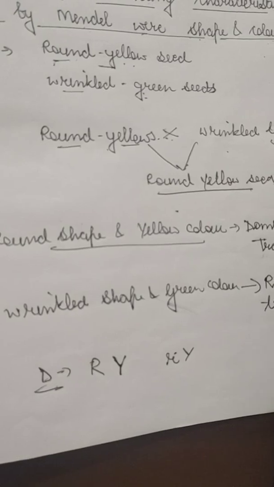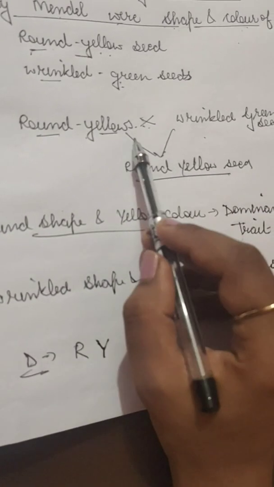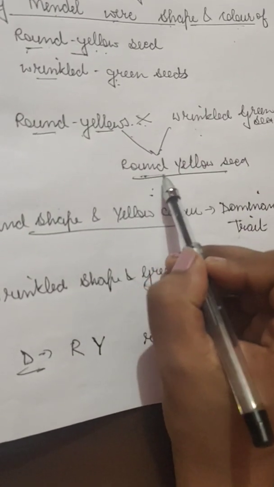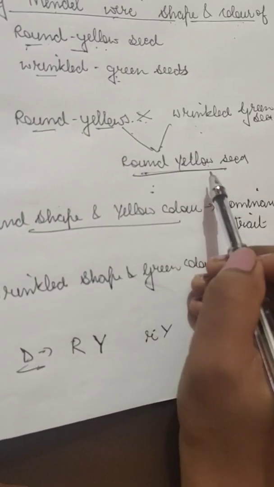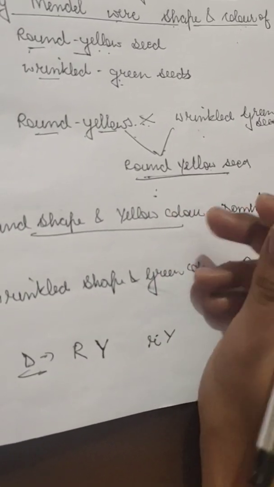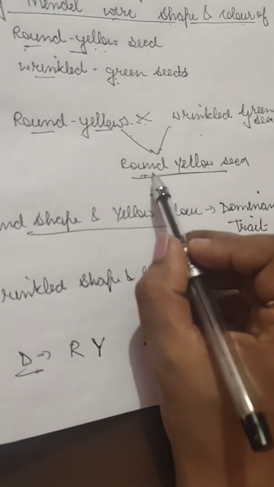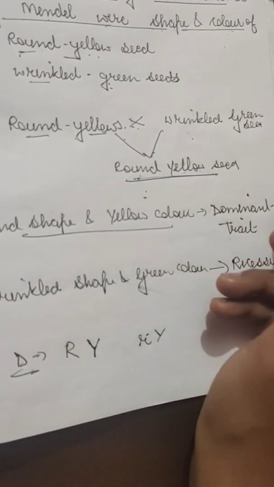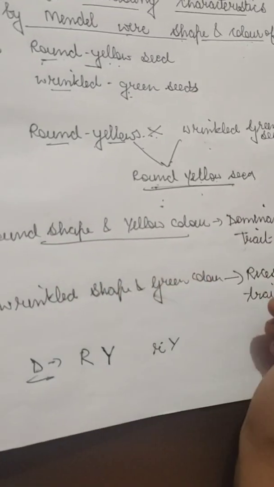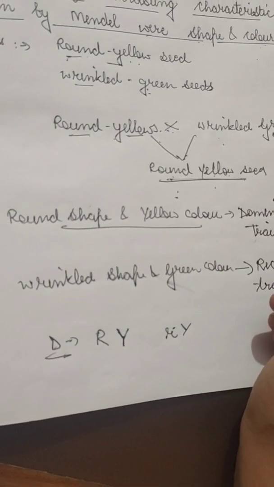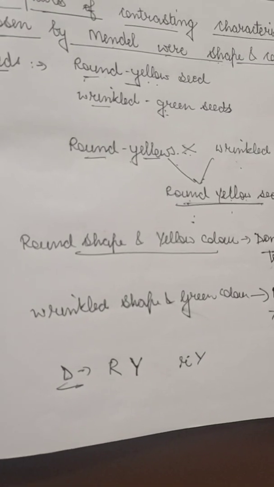From the parental cross, these were the parents, he found only round yellow seeds, and those round yellow seeds he again crossbred by self-pollination, and he saw different combinations: round yellow seeds, round green seeds, wrinkled yellow seeds, and wrinkled green seeds. So Mendel had a total of 556 F2 generation seeds. F2 generation is the second generation.